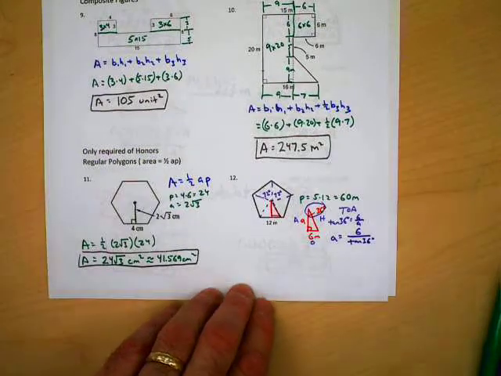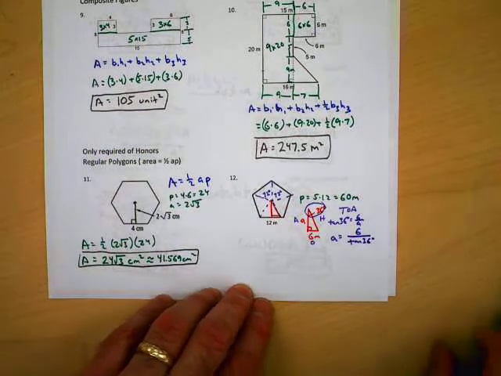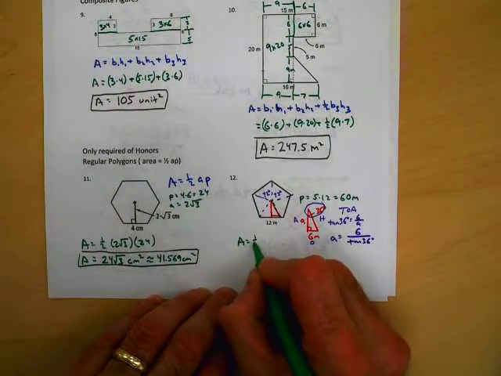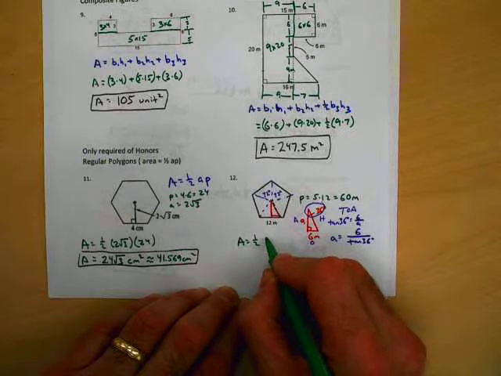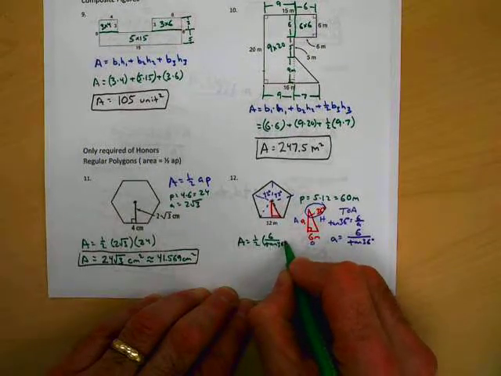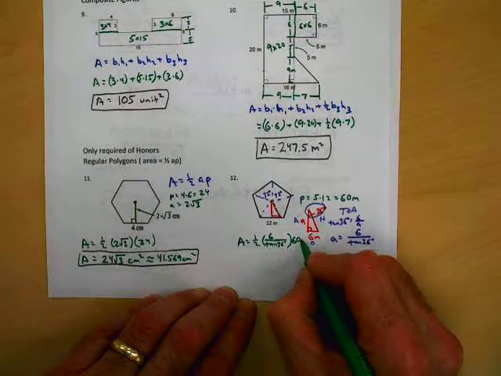So to get the exact answer, I got this perimeter, I got the apothem. I'm going to go ahead and plug that in. Area equals 1/2 apothem, which is 6 over tangent of 36 degrees, all times the 60 meters.